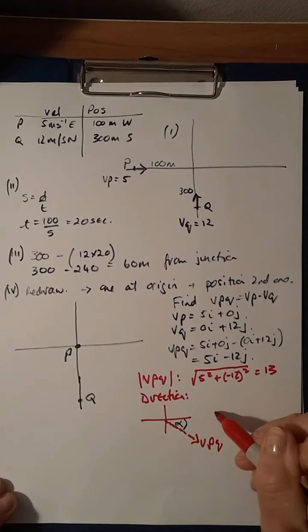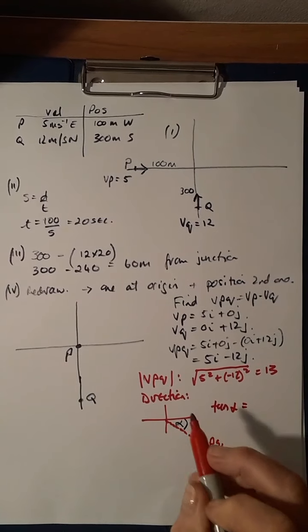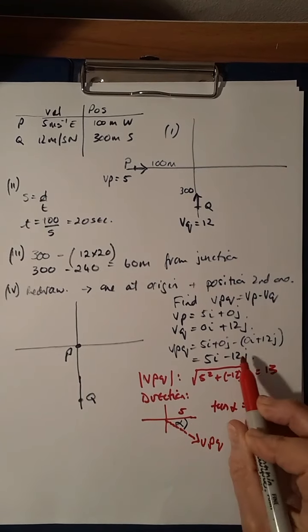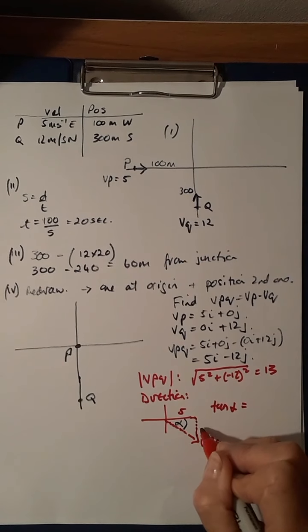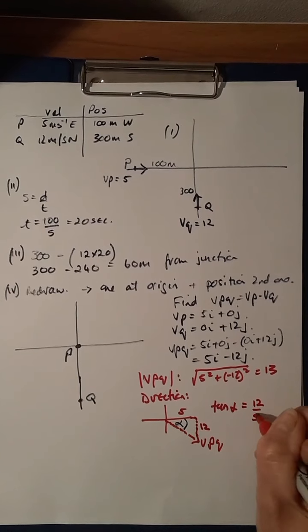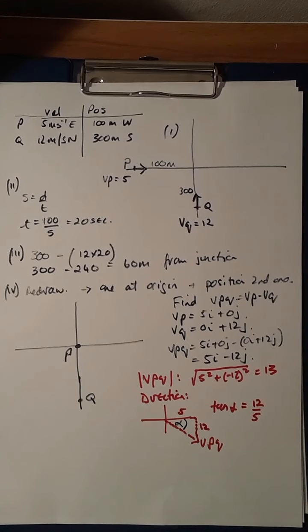So the tan of alpha is equal to, now remember it's gone out 5 units along the i-axis and 12 down in the j direction. So the tan of alpha is going to be 12 over 5, opposite over adjacent. Okay, now let's work this out. I'll just get my calculator.